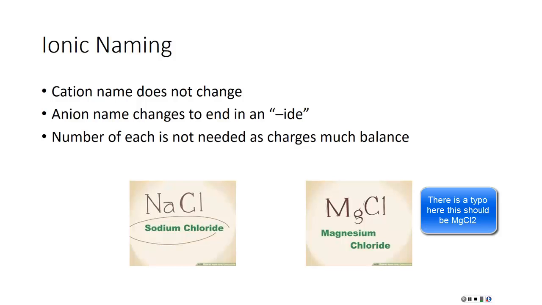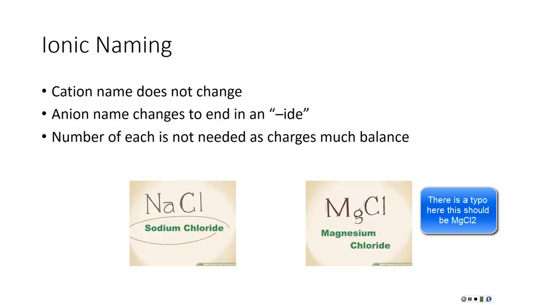But the trick to this is you need to make sure that your charges balance out to 0. So aluminum is a +3, oxygen is a -2. So if I only have one of each, they don't balance out. So what we need to do is actually do our crossover trick here.